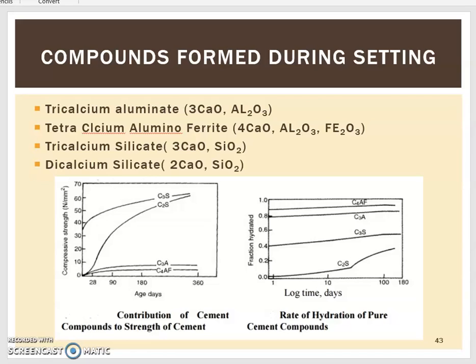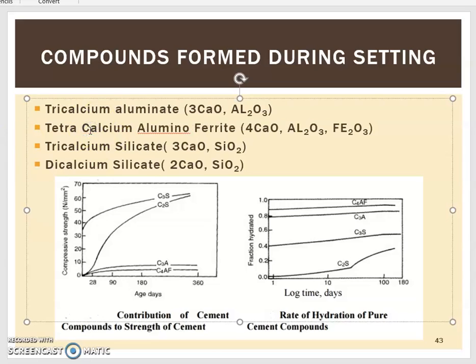Similarly, the second one, tricalcium aluminoferrate, is also formed as soon as the water is added. So basically, these two compounds are formed somewhere after 24 hours.